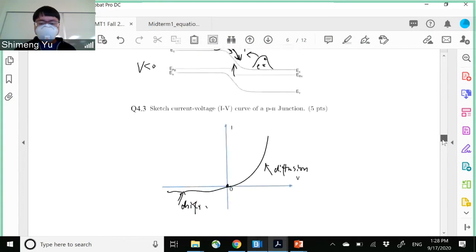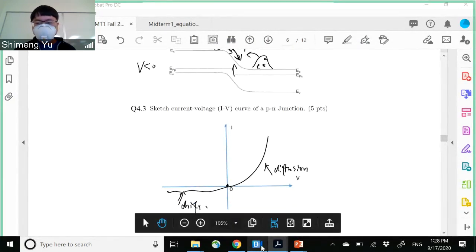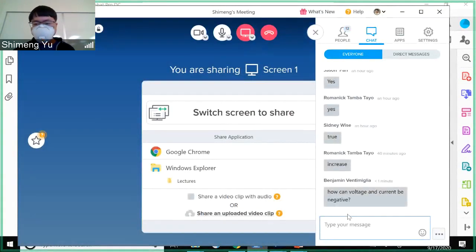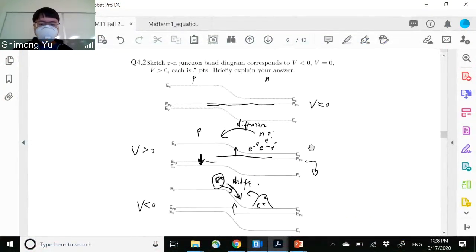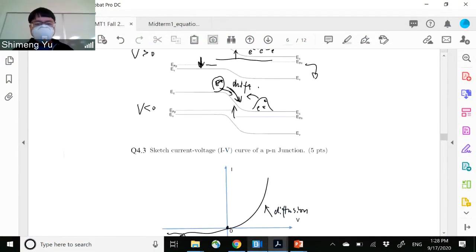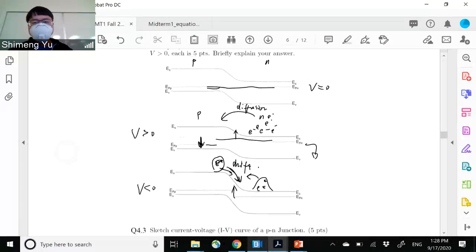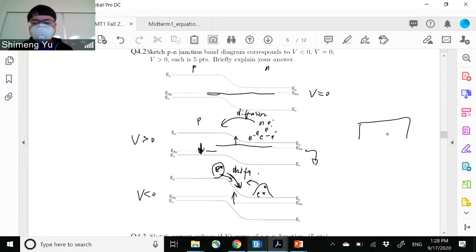All right, any final questions before we stop here today? I got one. How can voltage and current be negative? So this is possible, right? Here, the negative voltage and positive voltage are with respect to the reference.